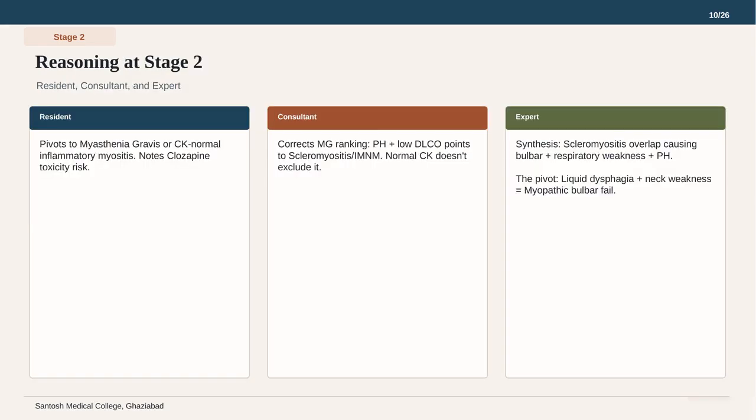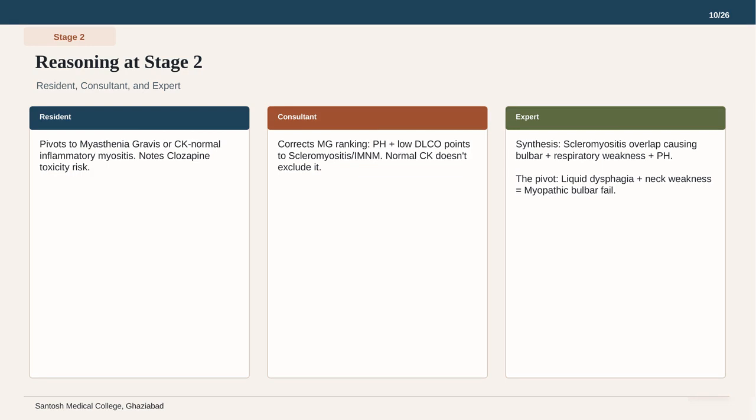The resident seen in the first column shifts toward myasthenia gravis, or a myopathy with normal creatine kinase. They also note the potential risk of clozapine toxicity. The consultant corrects the ranking, noting that while myasthenia is possible, the pulmonary hypertension and low DLCO more strongly point towards scleromyositis or immune-mediated necrotizing myopathy.